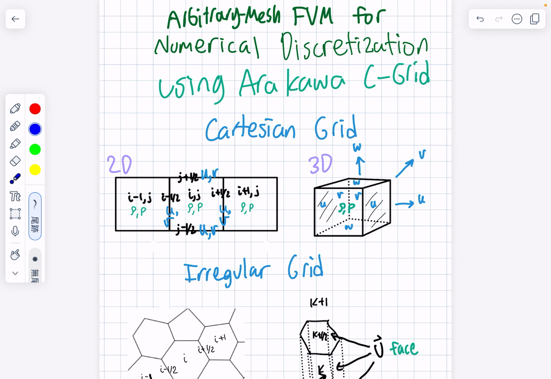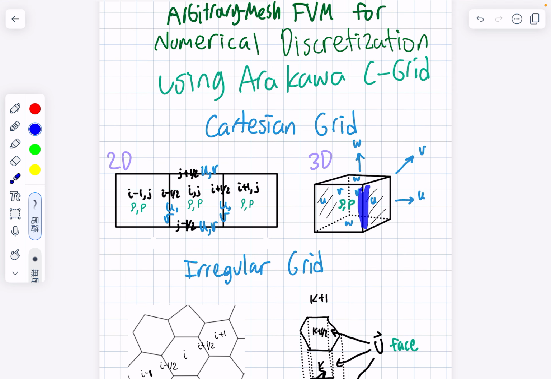And in the diagram, I've showed the x direction. I put u here just to show that's the x face, w here to show that's the z face, and then v here and in the back to show that's the y face. But in fact, you actually store u, v, and w here.